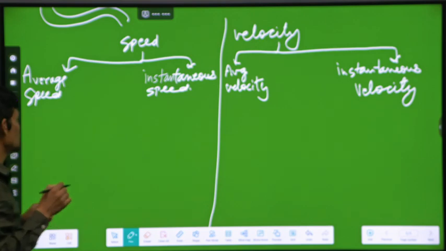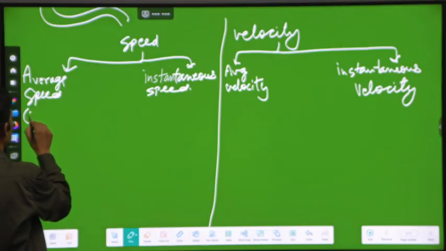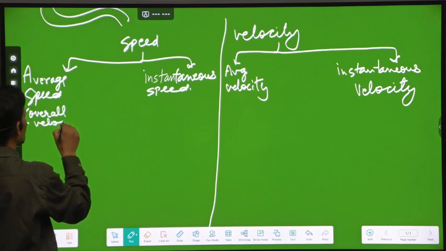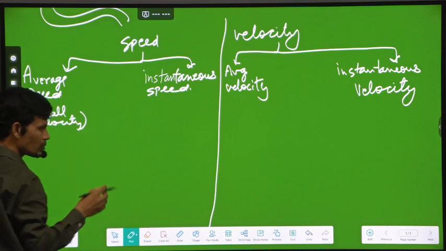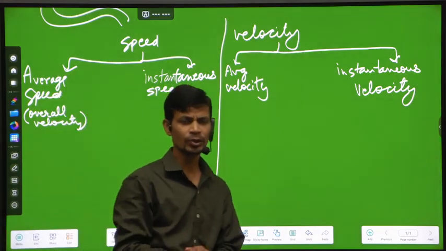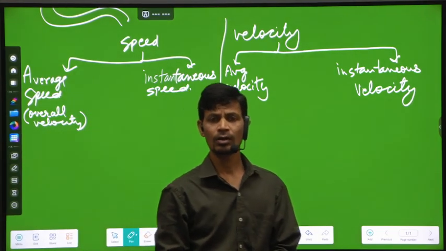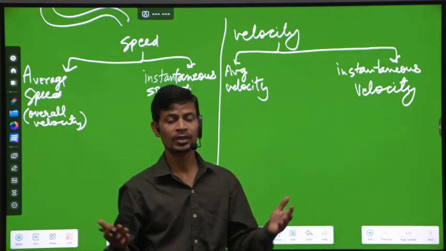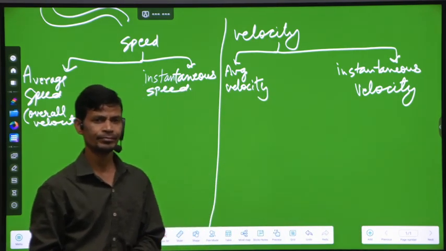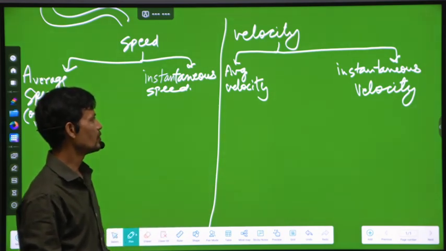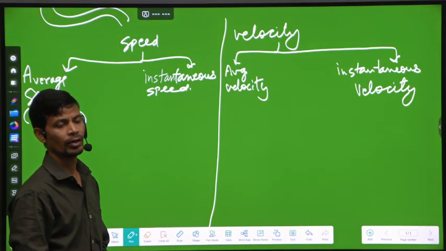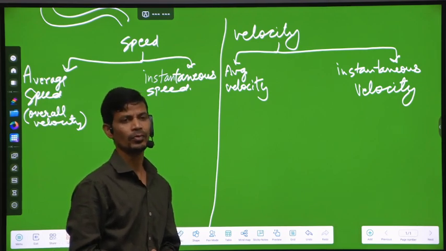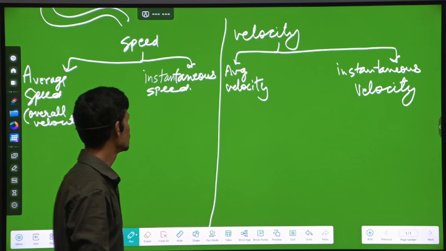Average velocity is the overall velocity for the complete motion or for a greater interval of time. Same for average speed: for a greater interval of time or for the complete motion.